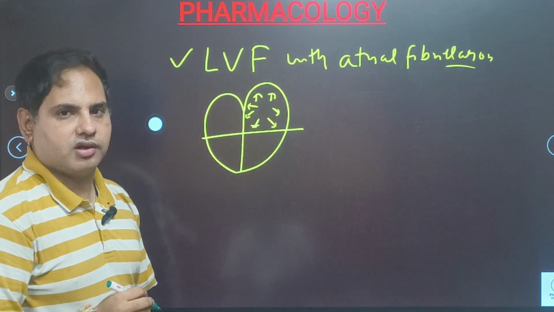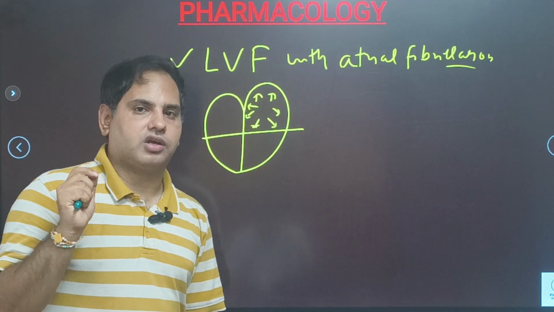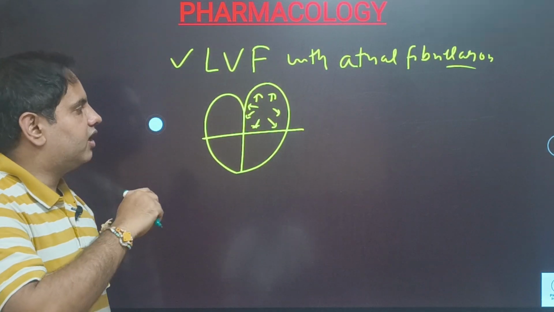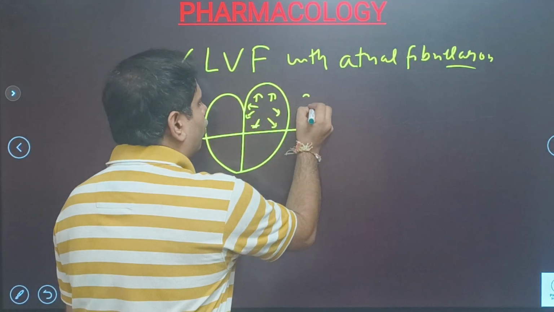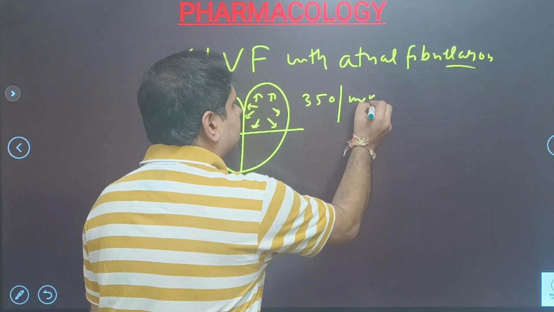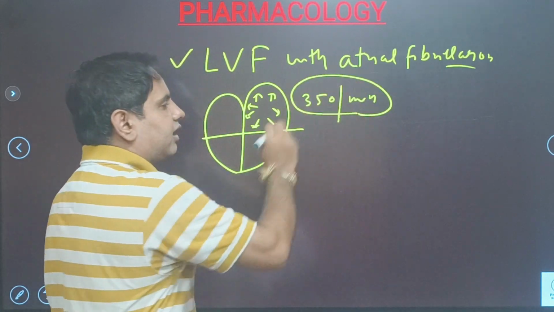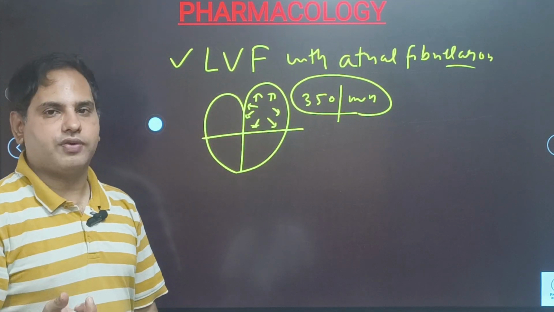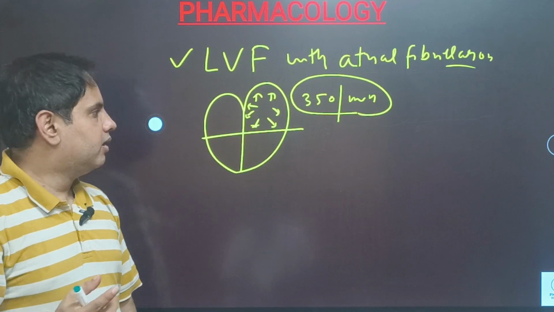Electrical activity, I am talking about electrical activity, not the heart rate. When electrical activity in the atria becomes more than 350 per minute, that condition is called atrial fibrillation, and this atrial fibrillation can result in mechanical failure of the atrium as well, right?